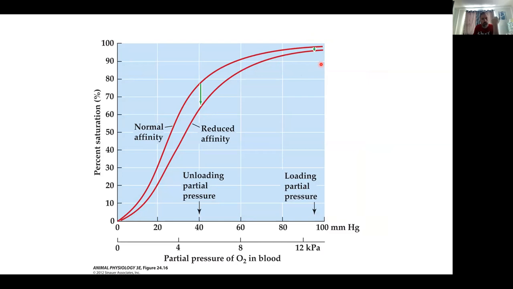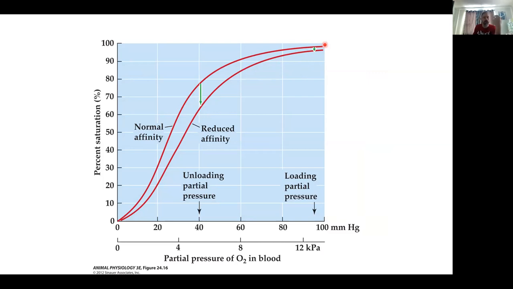What this means is that it doesn't really affect how loading works. Regardless of what our affinity is, regardless of what our P50 is, loading is loading is loading. We're always essentially going to be 98, 95% saturated when we leave the lungs. That's not going to change.